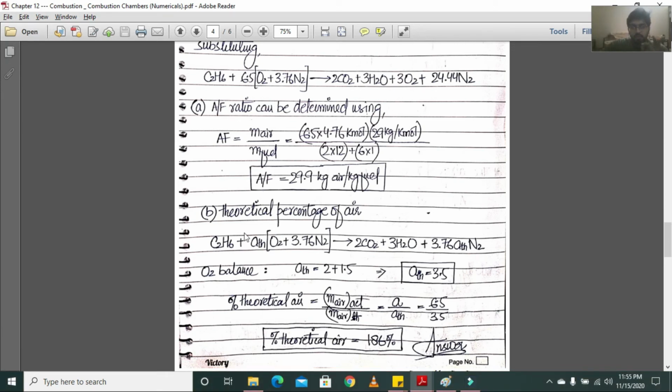So here you can see in the second equation we do not have any 3O2 part, because 3O2 was only present during the actual process, and we are talking about the theoretical part here. So again solving this, after formation of this equation, I will balance the oxygen, determine the value of ATH, and it is coming out to be 3.5.